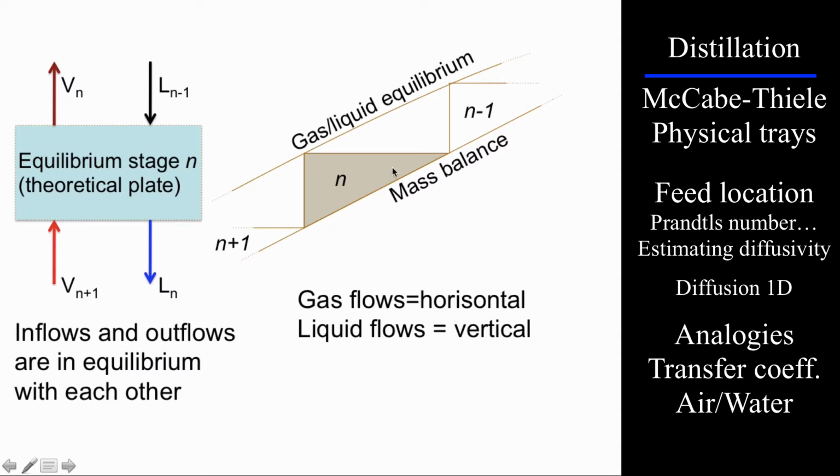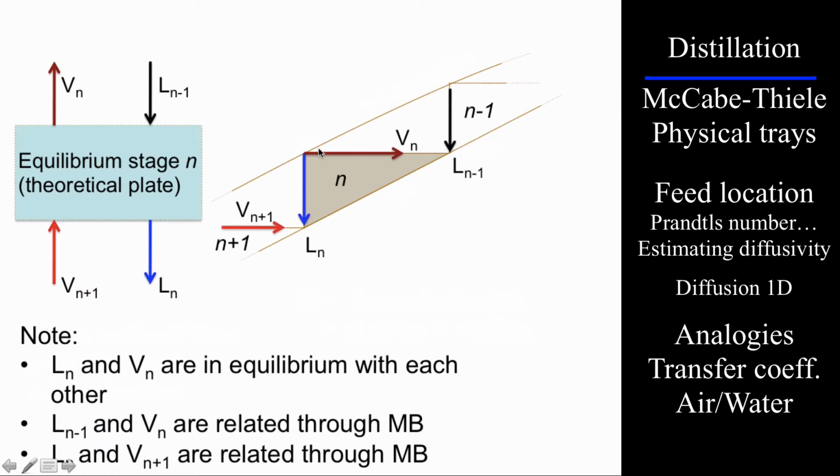So you could interpret these triangles as gas flows being the horizontal line and liquid flows being the vertical line. So in this diagram here, you see Vn is this line here, and Ln is that line here.